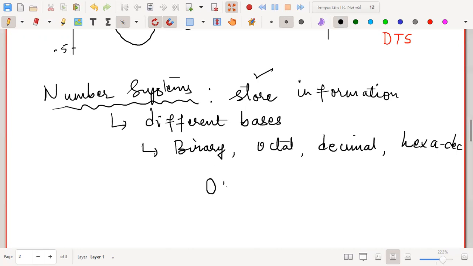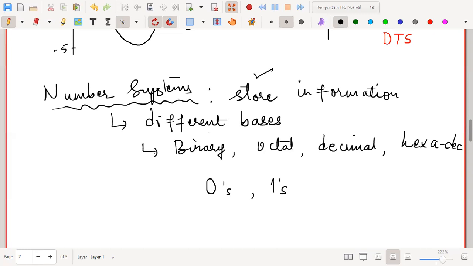A computer can understand positional number systems, and the binary number system is also a positional number system, where the position of each bit tells you the weightage assigned to each symbol, and according to the weight assigned to those numbers, the information is stored.